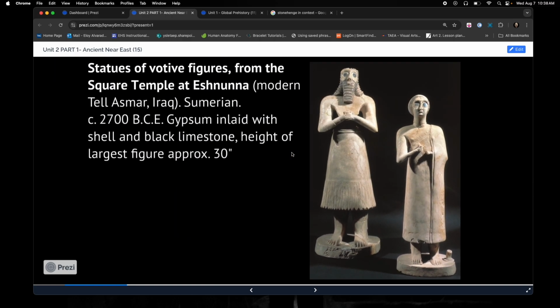It's an interest in a very naturalistic portrayal of the human form. So these are getting pretty accurate, right? Now, a lot of these were found buried in groups underneath the temple floor when archaeologists found them.